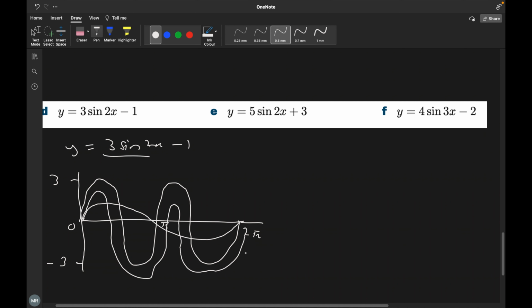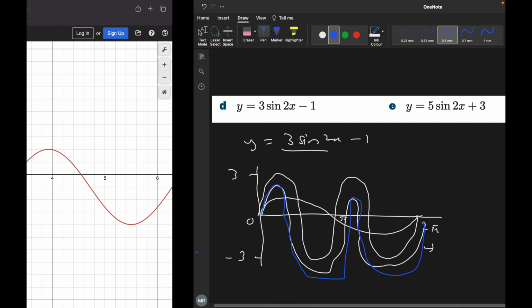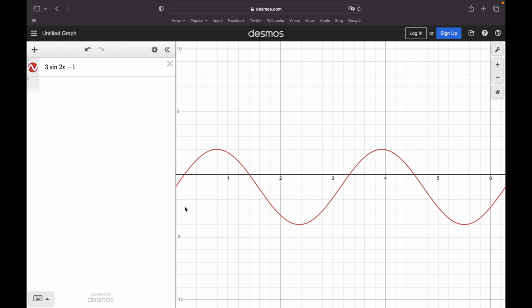So this is the final answer. Sorry, this is not how it's supposed to look like. This graph is terrible, so I will show you what it's supposed to look like.